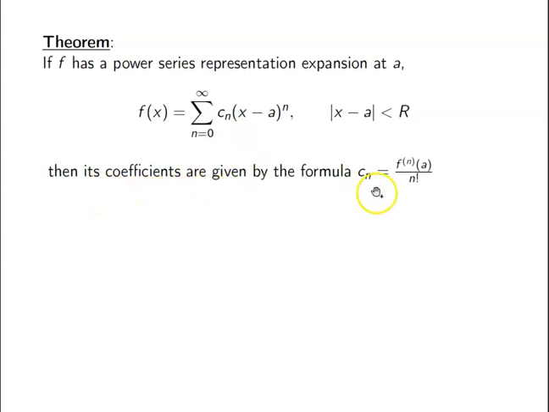Then its coefficients are given by the formula: the nth coefficient is the nth derivative of f evaluated at a, that point that we are expanding about, divided by n factorial. Therefore, f of x is equal to this series, where instead of writing the coefficients, I just replace them with my formula for the coefficients.